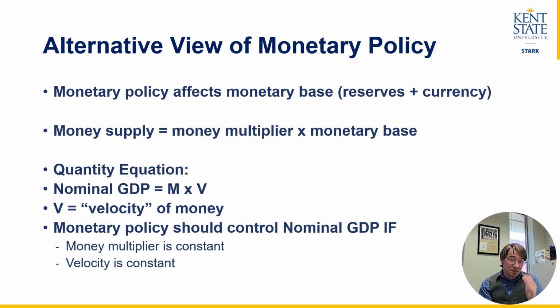What this means then is that monetary policy, that is the determination of the money supply, can control nominal GDP as long as the money multiplier is constant and as long as velocity is constant. If those two things are constant, then there's this direct connection between the money supply, and specifically the monetary base, and nominal GDP.